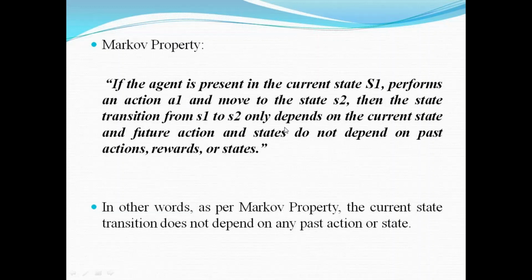So only the current state and the future action are considered. It is not considering the past actions or past rewards. Whatever the current state is, and whatever action is taken to the future state, only those have to be considered. You should not consider the past actions or the past states. That is what is specified in the Markov property.